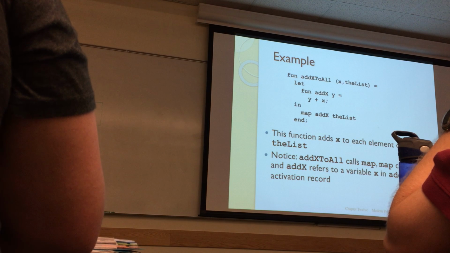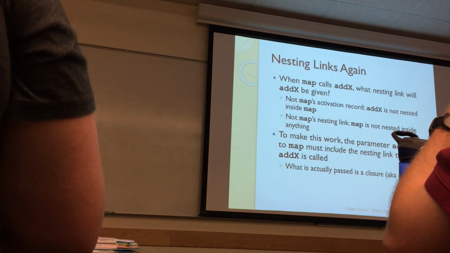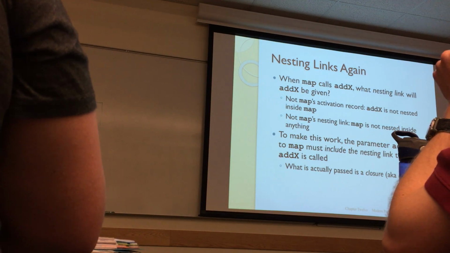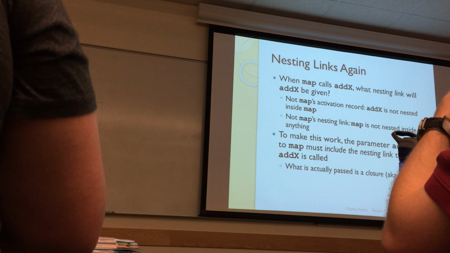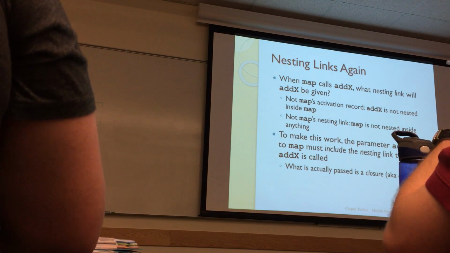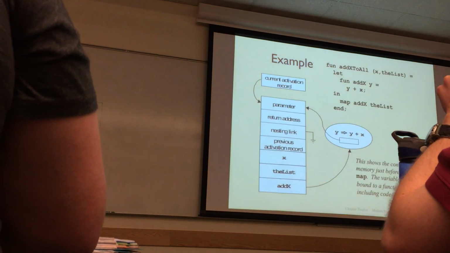So what really happens is that a nesting link gets passed along with the function. So, to make this work, the parameter add X passed to map must include the nesting link. And this is what we call a closure or a delegate.